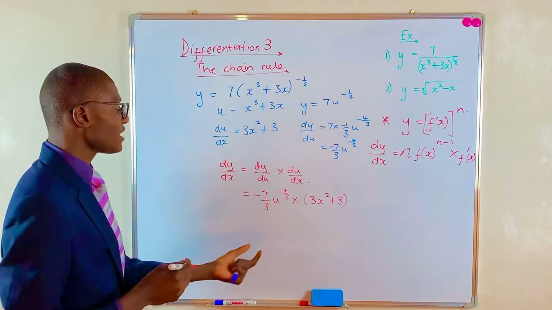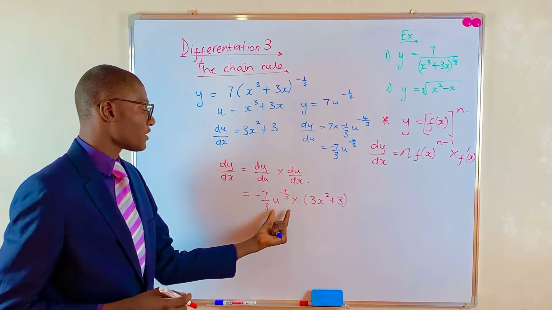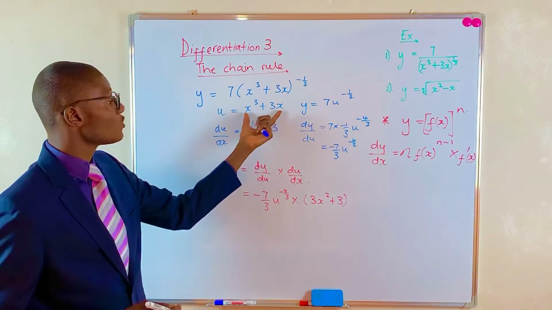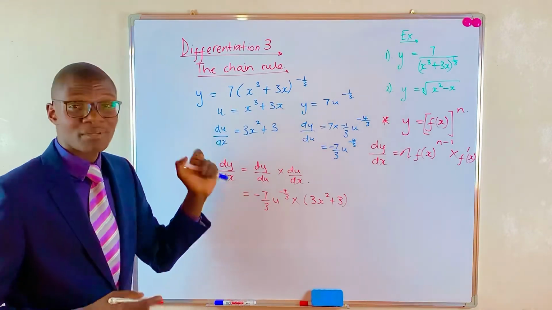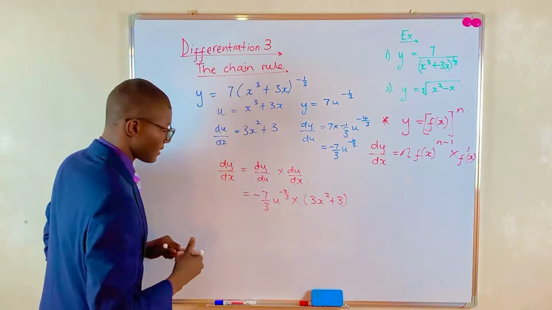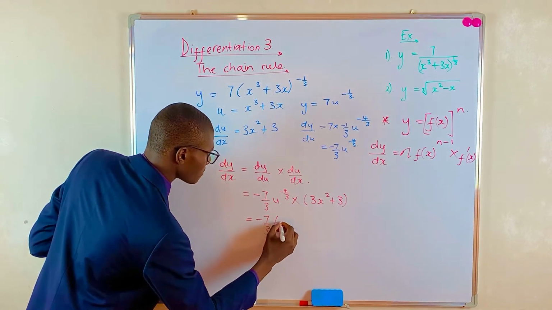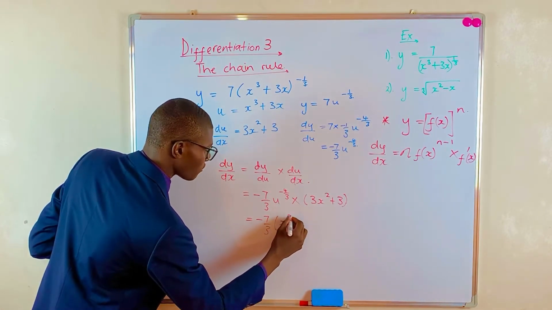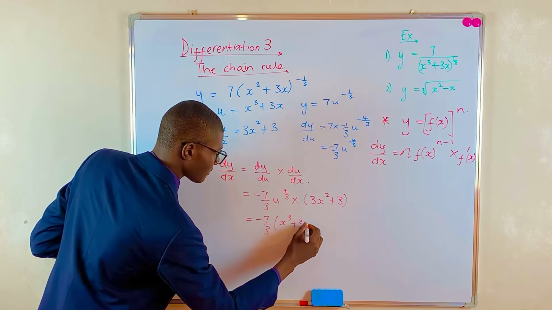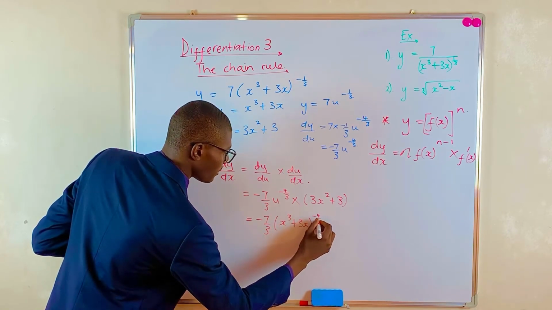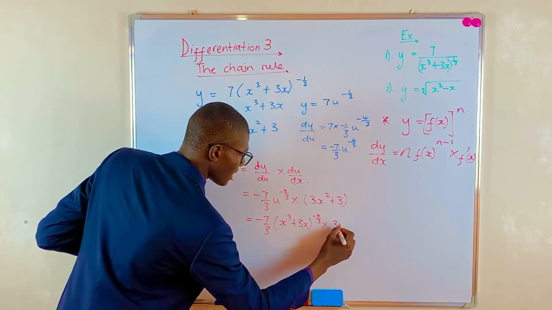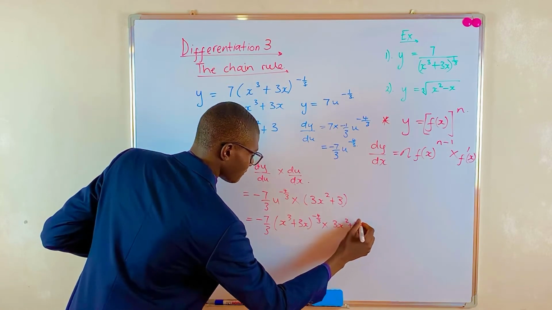And then making a substitution for the u, since we know that u is x^3 + 3x, we are saying that minus 7 over 3 times (x^3 + 3x) raised to the power of minus 4 over 3 times (3x^2 + 3).